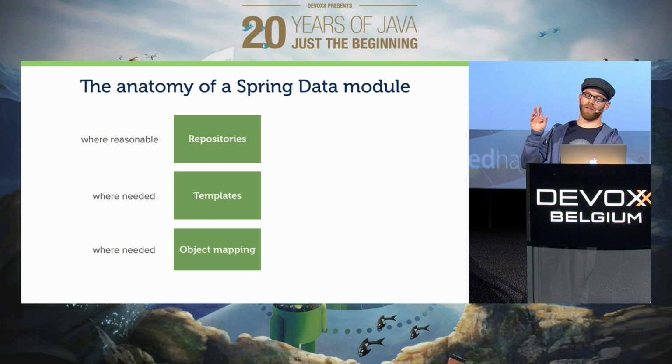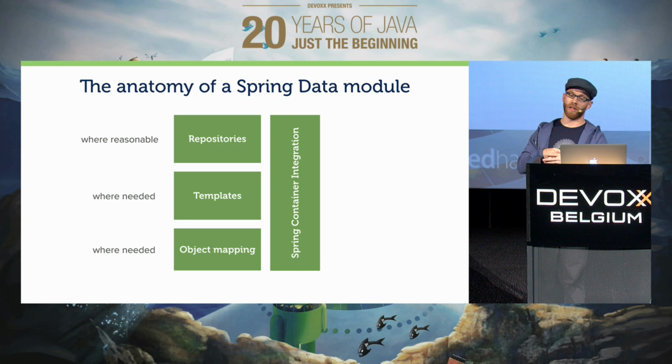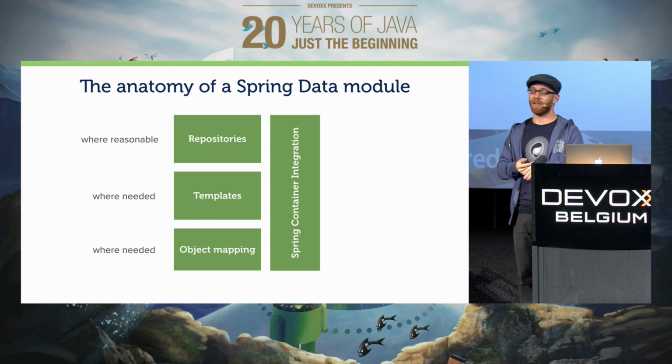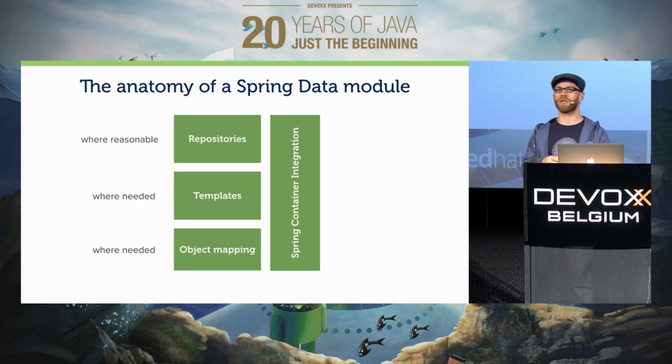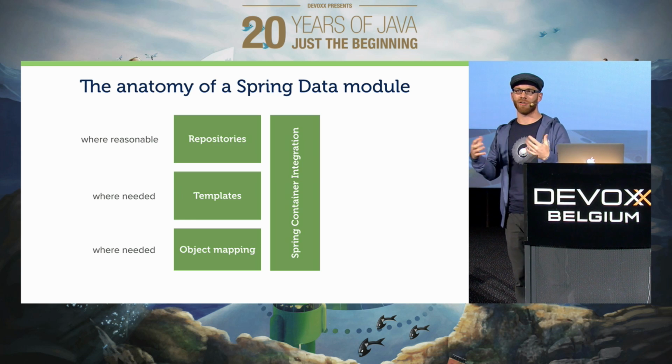Having said that, we have of course deep Spring container integration, and that's what I want that slide to communicate. The core functionality is not really depending on Spring as a container.